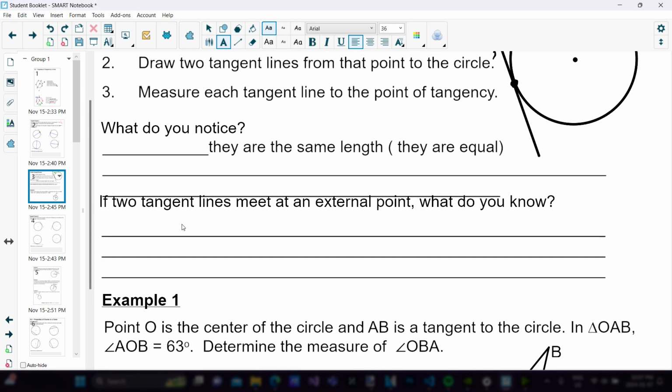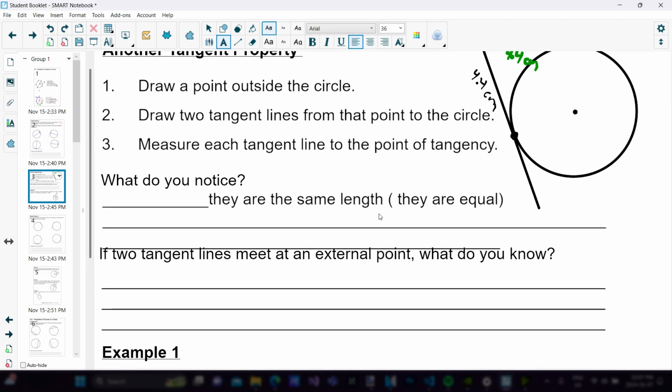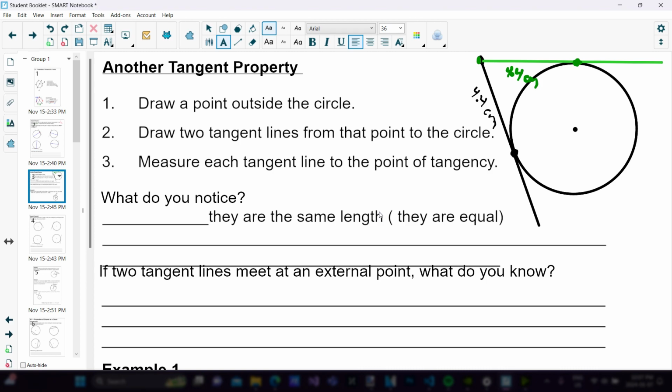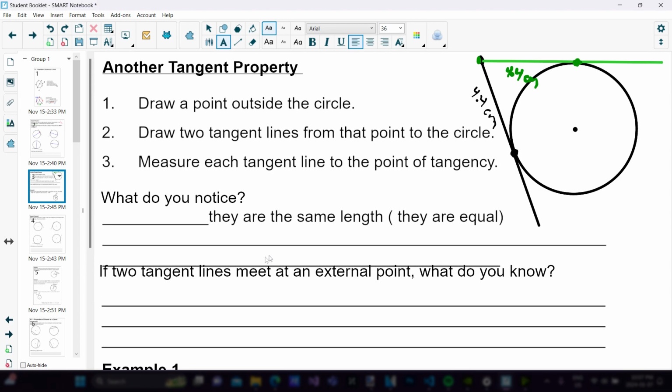And the second point here, if two tangent lines meet at an external point, what do you know? Well, that's just what we just discovered.